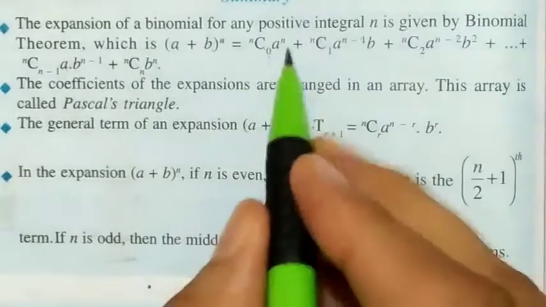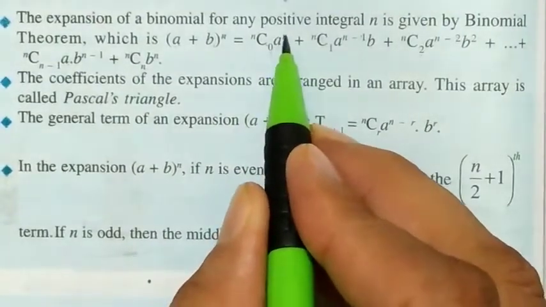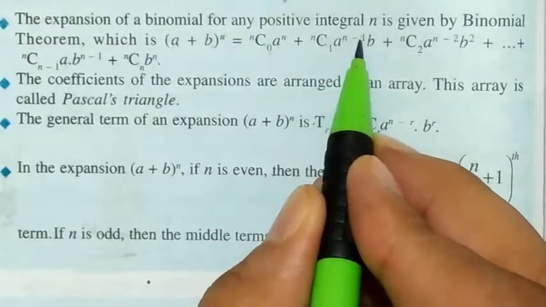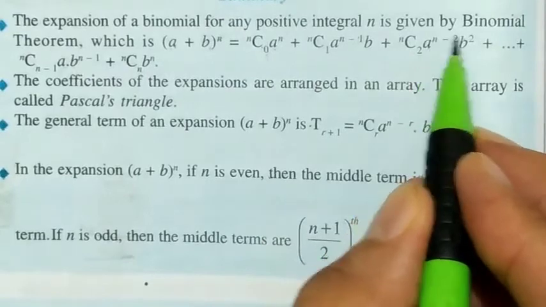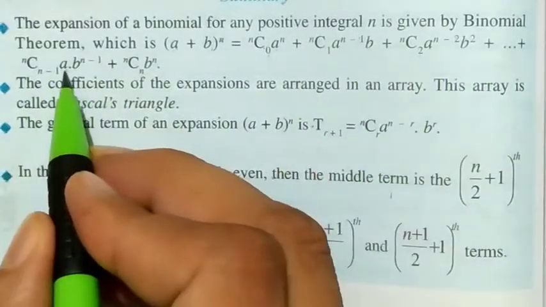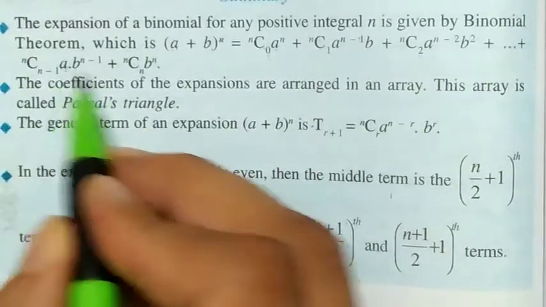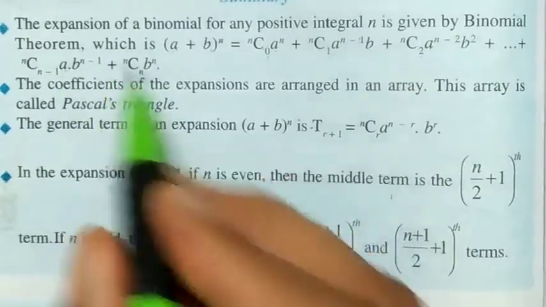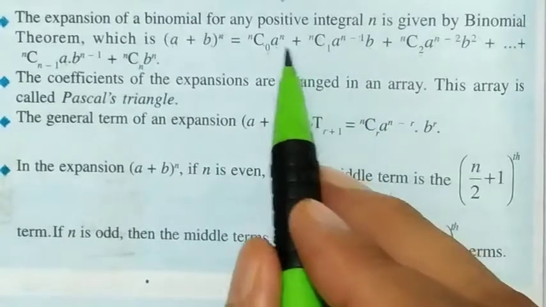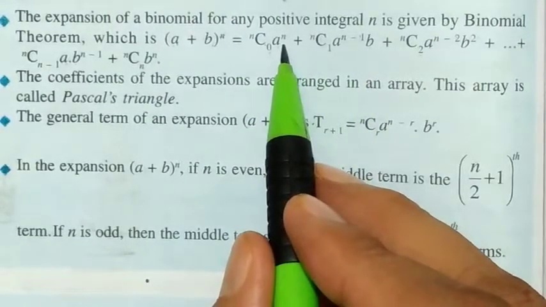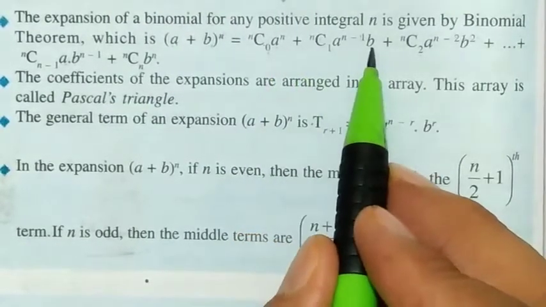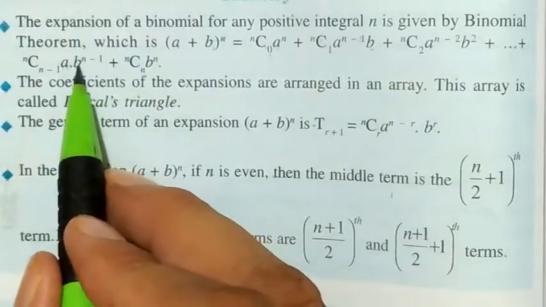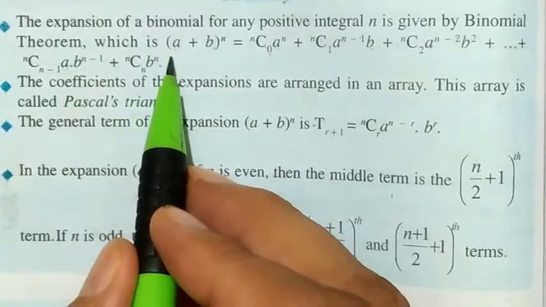And here power of a is decreasing one by one. This is a power n, now in the second it's a power n minus 1, then in the third it's a power n minus 2 and so on. In the second last term it's only a, and in the last term it's a power 0. A power 0 means 1, so there is no need to write it. And here b is not there, means b power 0, then b power 1 means b, b power 2 and so on up to b power n minus 1, and the last term is b power n.